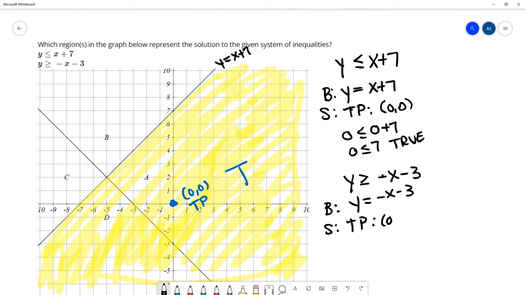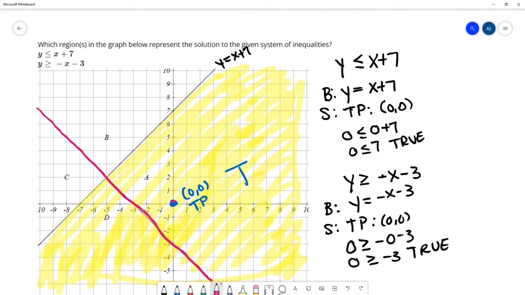So we're going to choose our test point. I'll choose 0, 0 again, and we substitute that into the inequality. 0 is greater than or equal to negative 0 minus 3. 0 is greater than or equal to negative 3 is a true statement as well. So when we have our line, here's our line, and our test point came out true again. So we're going to shade above this line. I'm going to use a different color.